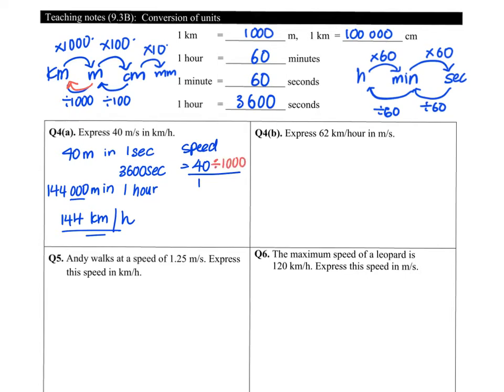To change second to hours, I need to divide by 3,600. Then I key this into my calculator and it should give me the same answer, 144 kilometers per hour. Okay, so here are 2 different methods for you to choose. You can choose to use either one of the methods.